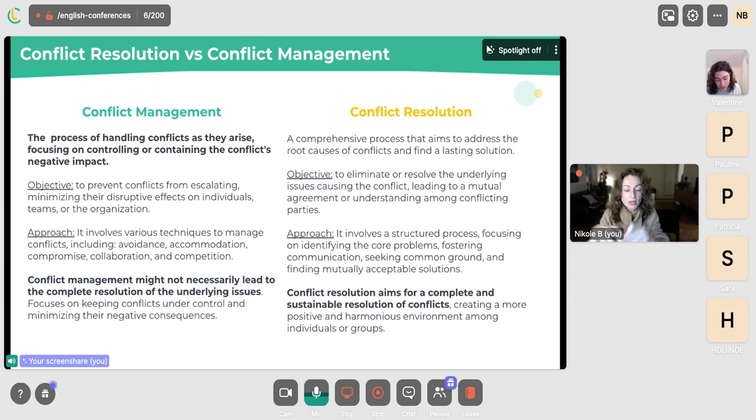So overall, resolution aims at a complete and sustainable outcome, not just a Band-Aid where you minimize the conflict, but a total and overall harmonious and positive environment.